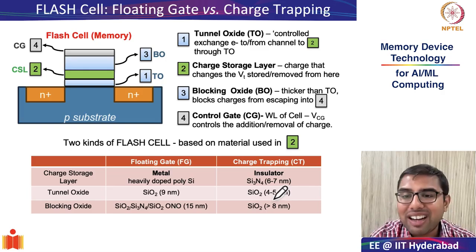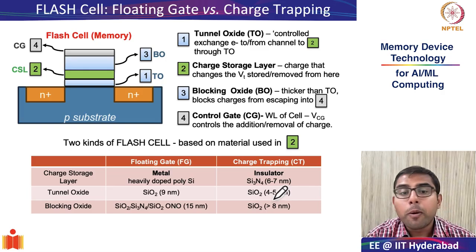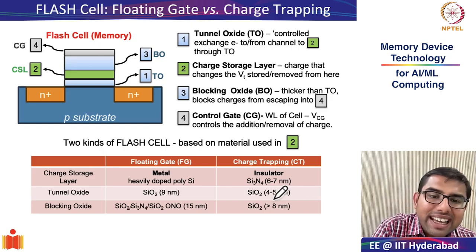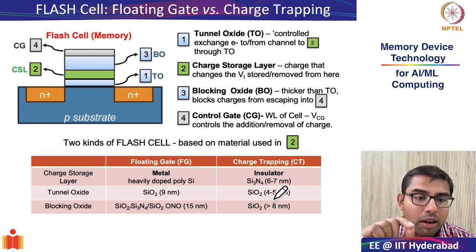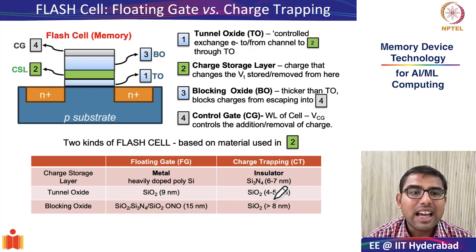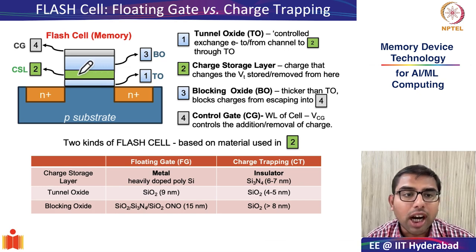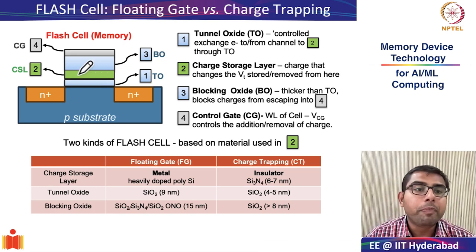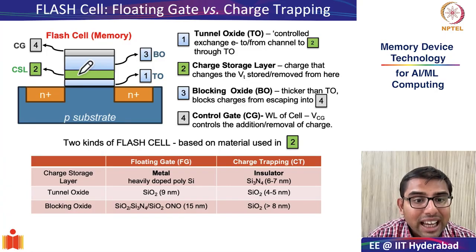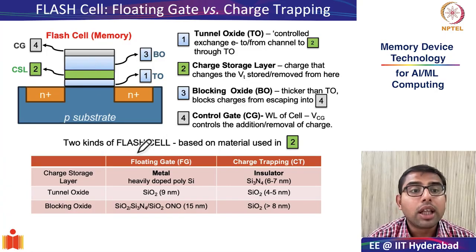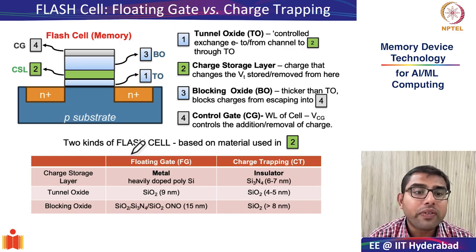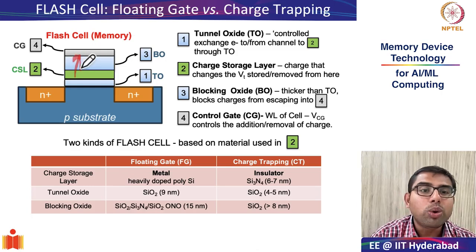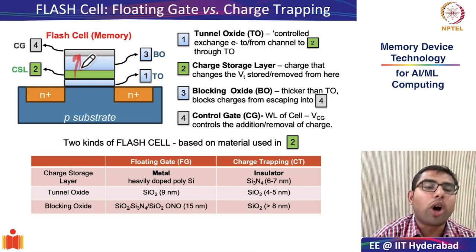But more importantly is the difference between the blocking oxide of the floating gate and the charge trapping cell. Remember, the job of the blocking oxide was to ensure that there is no escape of the charges which are trapped in the charge storage layer from the control gate. So since in the previous generation of floating gate transistor, the charge storage layer was essentially metallic or heavily doped polysilicon, there was a chance that there could be some migration of charges into the control gate through the blocking oxide.